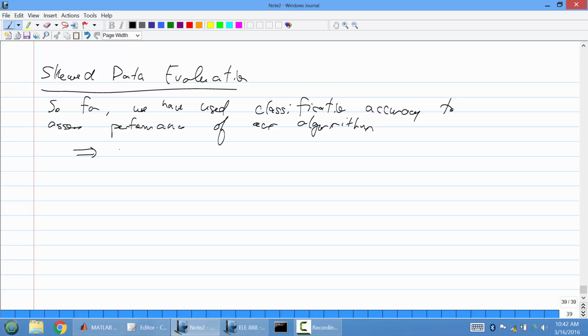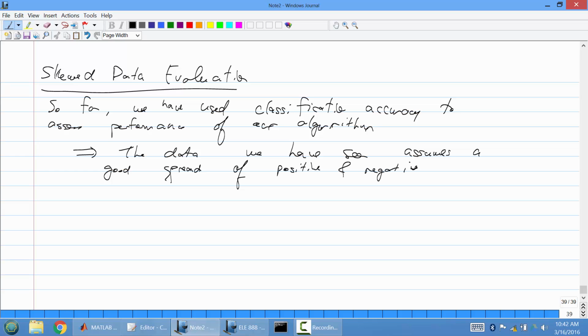So the data we have seen assumes a good spread of positive and negative examples. Sometimes we have what's known as skewed data.